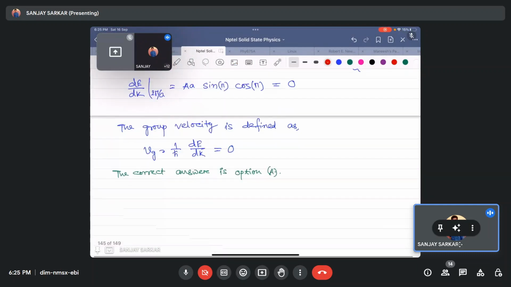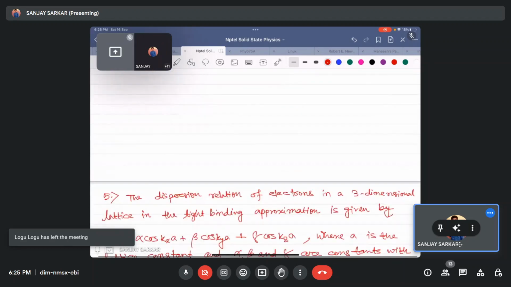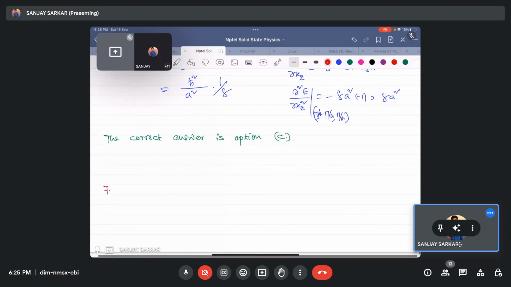So the first question, which is question number 7: occupancy of electrons in bands.